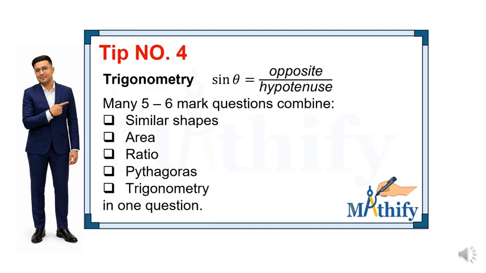All of them can be combined in one question, or you could get two different pairs. So you could have Pythagoras with trigonometry, ratio with area, or similar shapes with ratio.